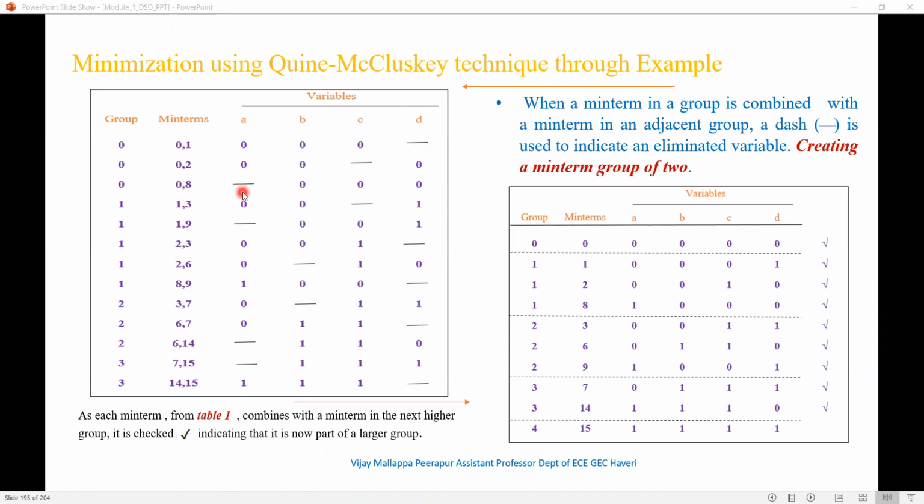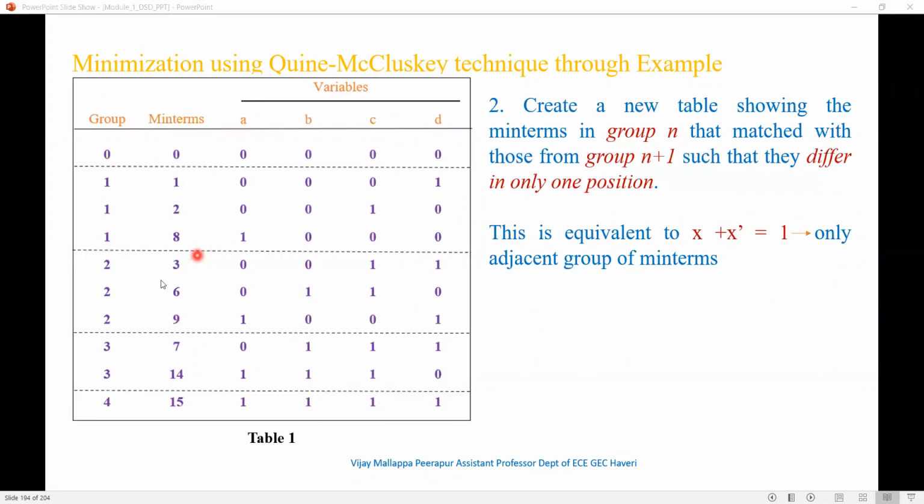Similarly, what we have to compare with 1 and 2. When we compared 1 and 2 in the previous slide, you can see from this one what we have. You need to see for one variable change. We have it here, this one and 3.